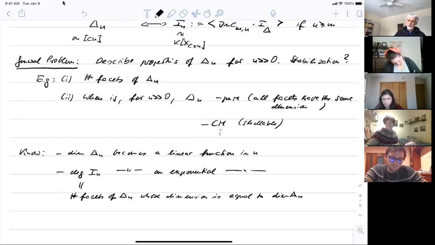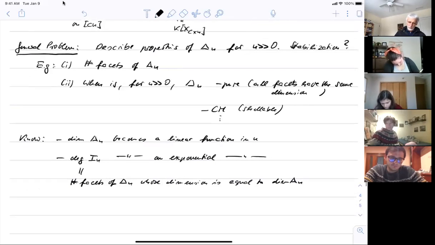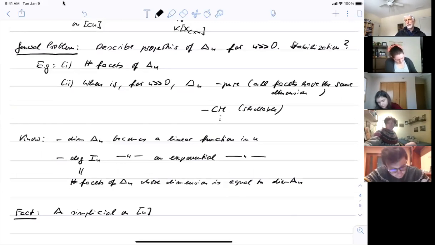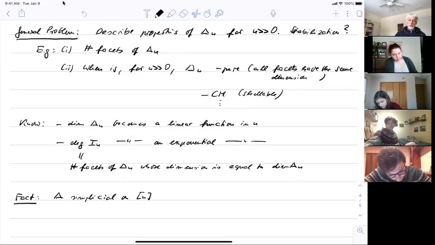Now, to describe examples, it's helpful to recall the following fact. So if you have a simplicial complex, and now let me go back to N letters, as Martina pointed out, it can be described, or it's determined once you know the facets.